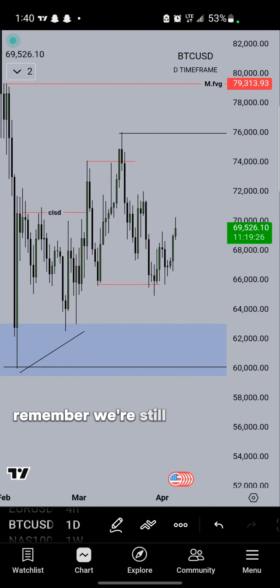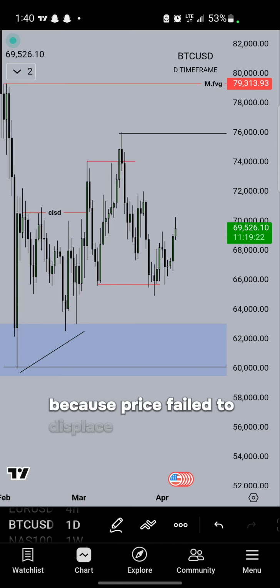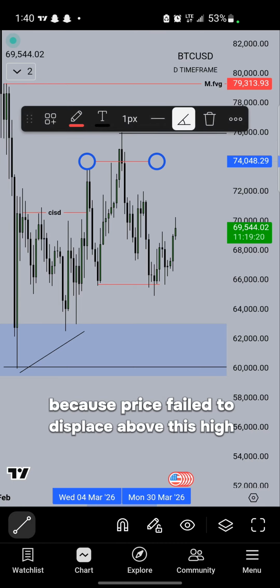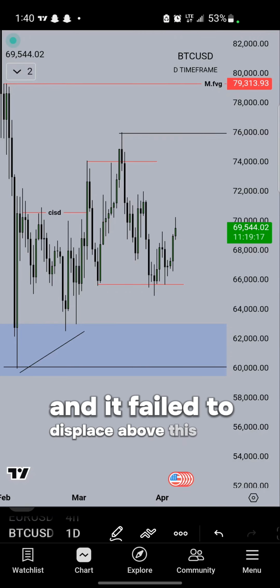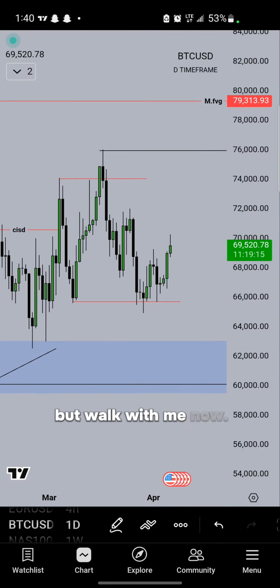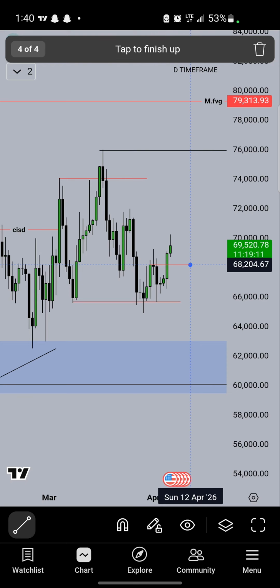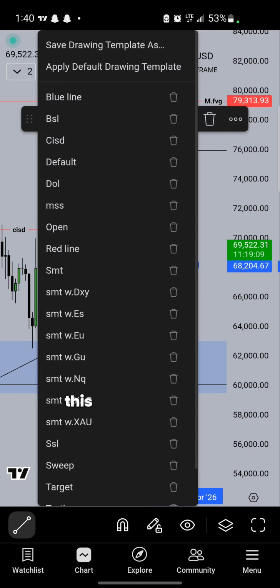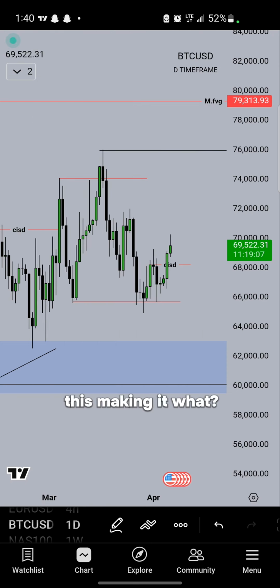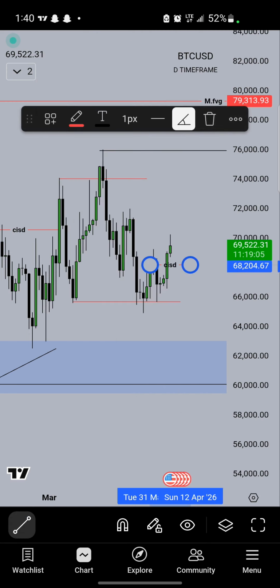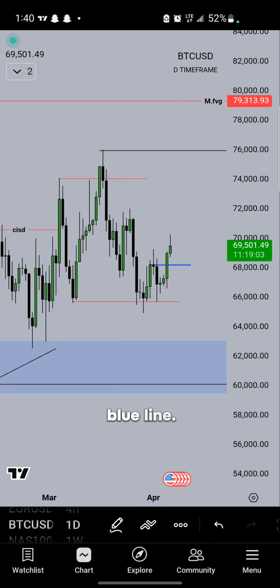Price came back to this draw on liquidity, sweeping this draw on liquidity. Remember, we're still bullish. Why? Because price failed to displace above this high and it failed to displace above this low. But work with me now. Price has now displaced above this, making it a CISD, the blue line. Can you see?